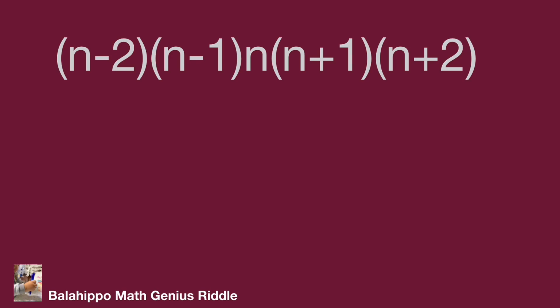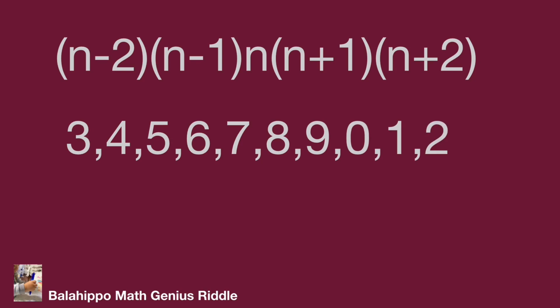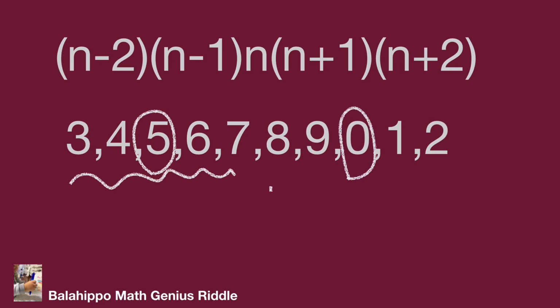After that, list the last digits as 3, 4, 5, 6, 7, and 8, 9, 0, 1, 2. The consecutive numbers 3, 4, 5, 6, 7 can be divisible by 5 and 2. Also, the last digits 8, 9, 0, 1, 2 can be divisible by 5 and 2. All are divisible by 10.